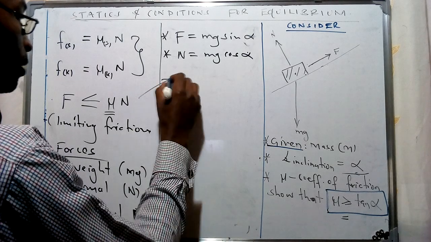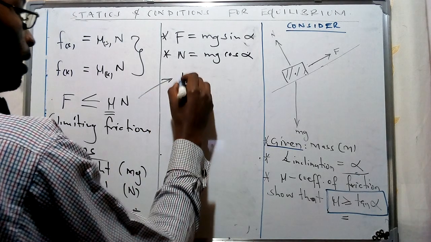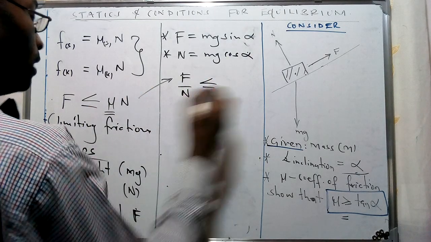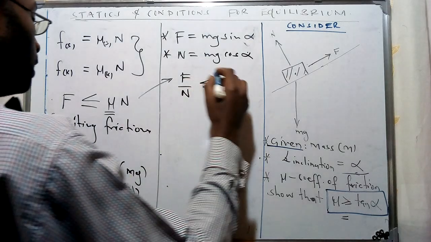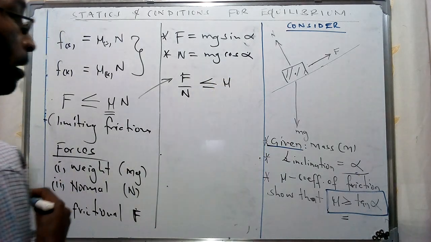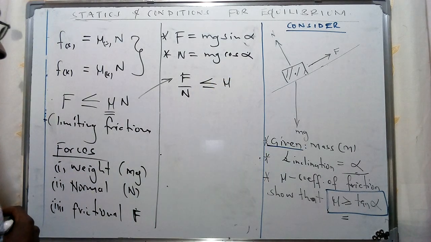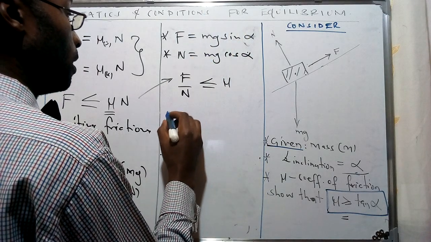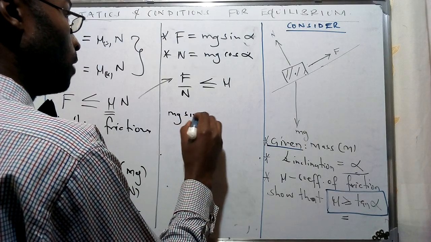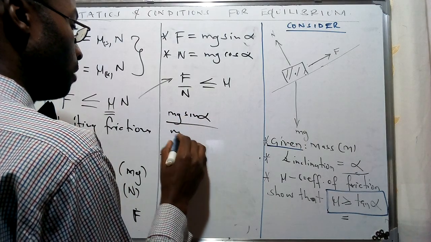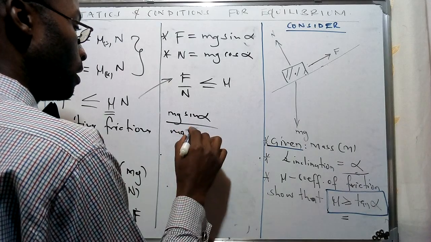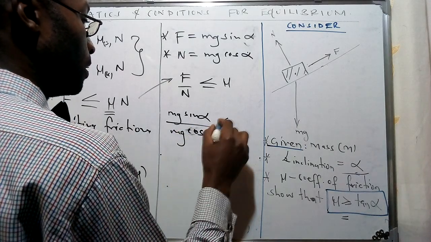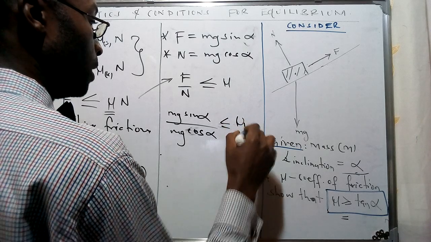So we can just do a direct rearrangement of this specific ratio between F and N. And this is going to be eta smaller than or equivalent to the value of the coefficient of friction given as such. And therefore, from this representation, we're going to have mg sine alpha all over mg cosine alpha, with this inequality sign given as such.